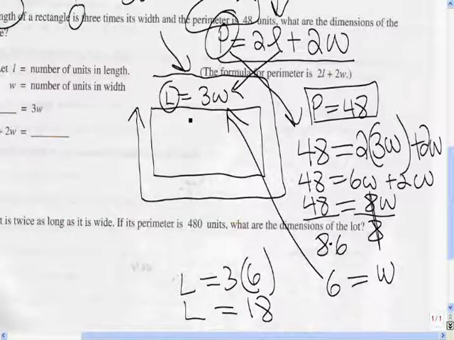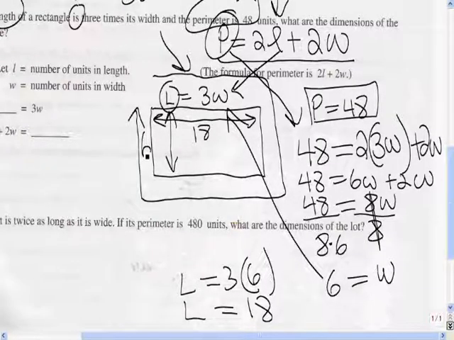So that means that the length, the distance from here to here, is 18, and the width, the distance from here to here, is 6, right? So 18 plus 6 plus 18 plus 6.